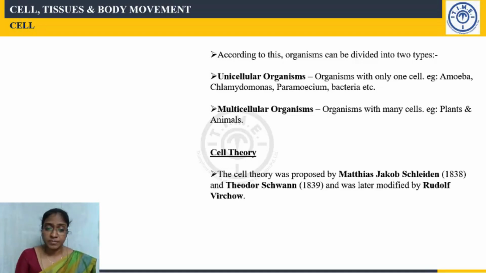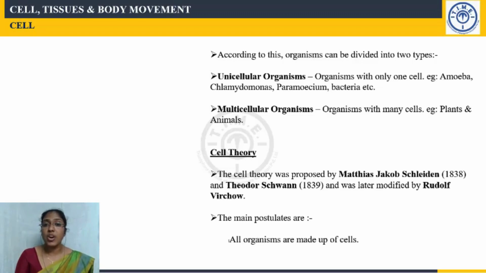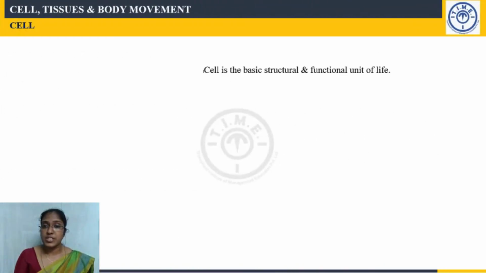Then what are the main postulates, the main concepts of cell theory? First, all organisms are made of cells. That is the first postulate. Second, the cell is the basic structural and functional unit of life.